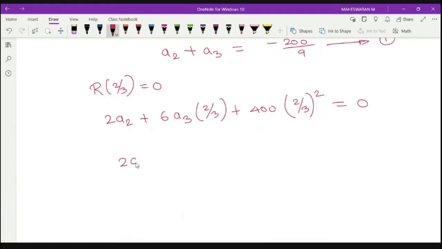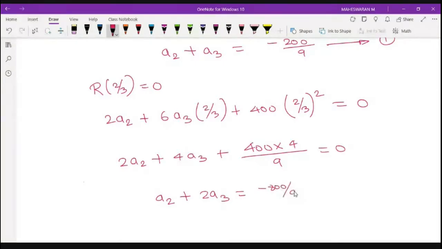We'll get 2a2 plus 4a3, right? 4a3 plus 400 into 4 divided by 9 is equal to 0. So the term you are getting is a2 plus 2a3 is equal to minus 800 by 9. This is equation number 2, right?